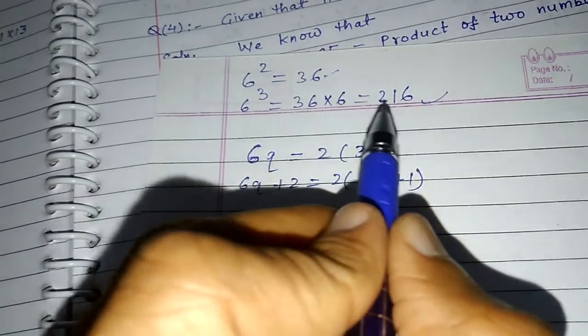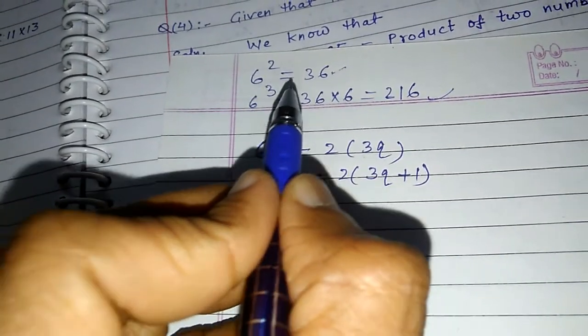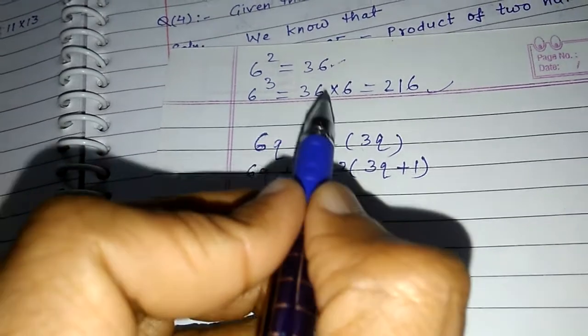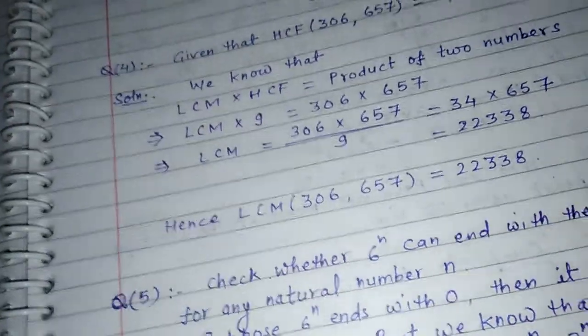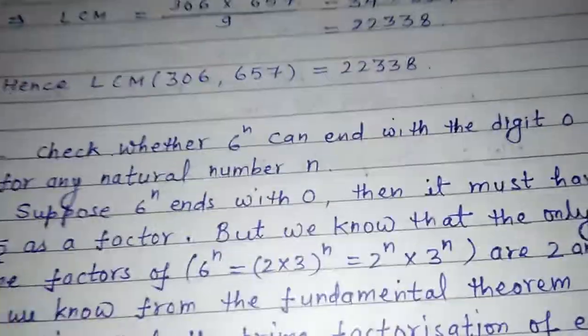So it is clear that if we take some power of 6, its ones place must be 6. But the question is, check whether it can be 0.